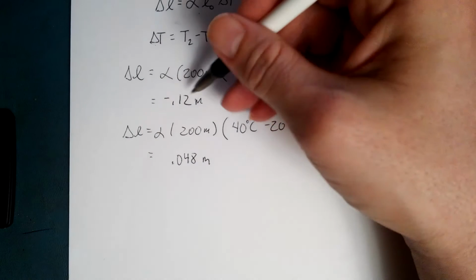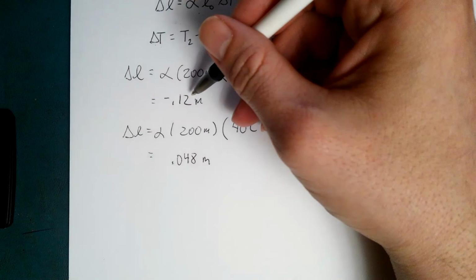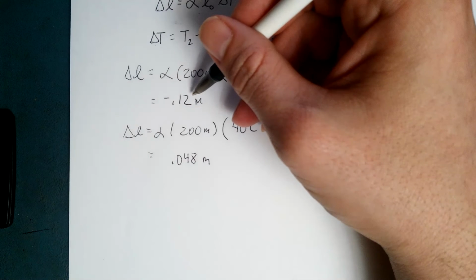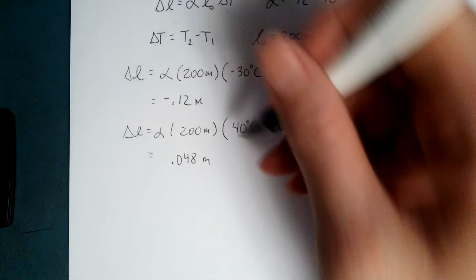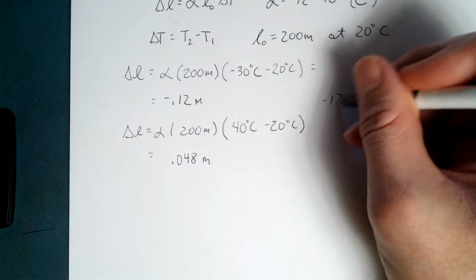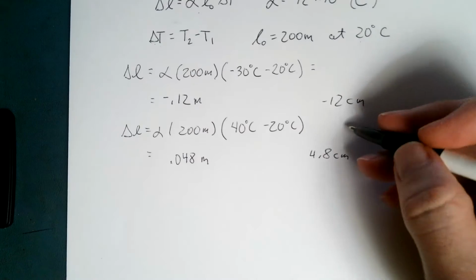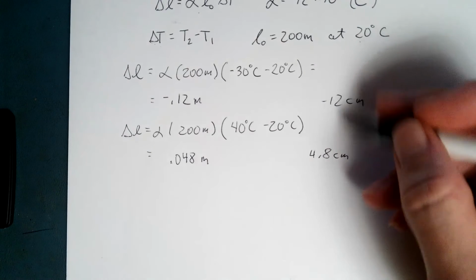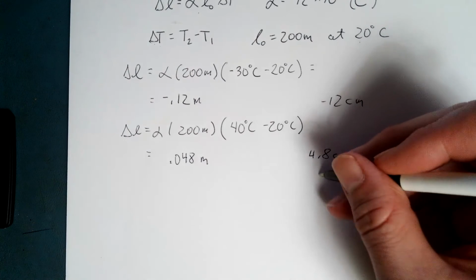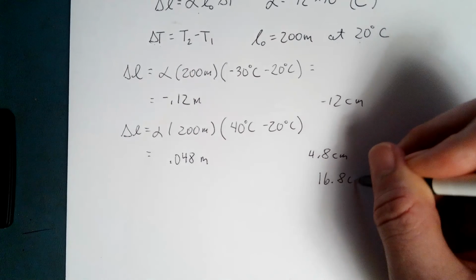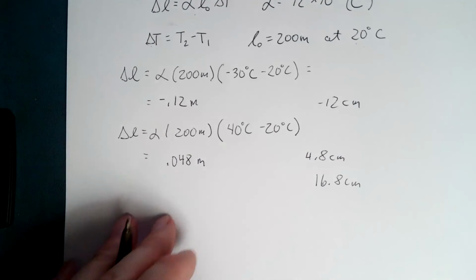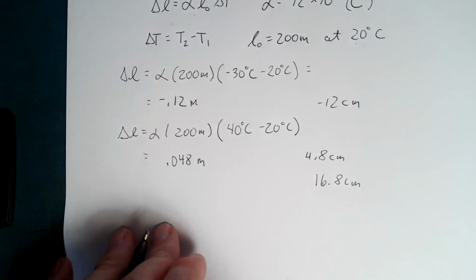So basically, this is going to be negative 12 centimeters, and this is 4.8. Okay, so that's the range. So from negative 12 to 4.8, that would be a 16.8 centimeter range. Okay, next one.